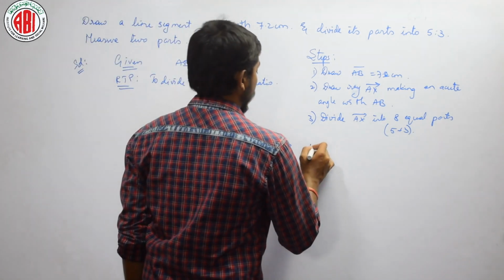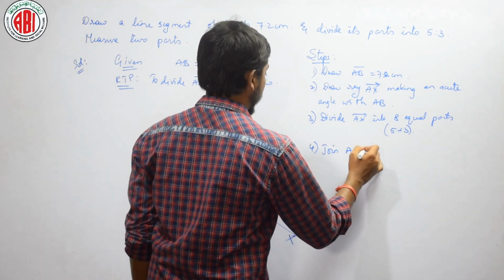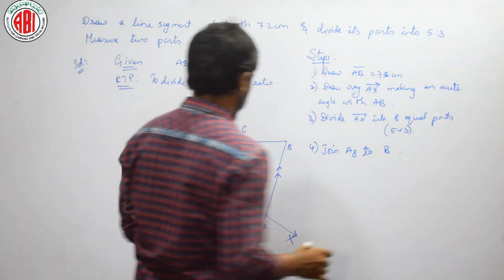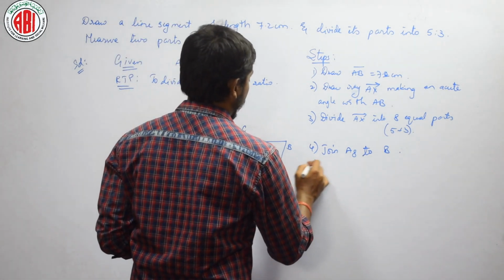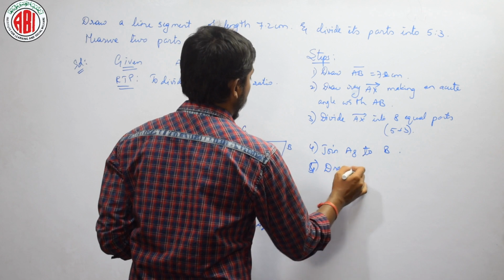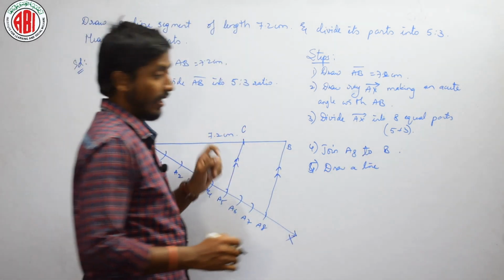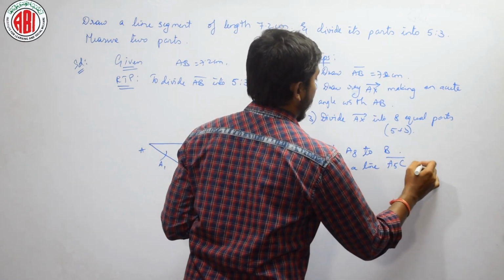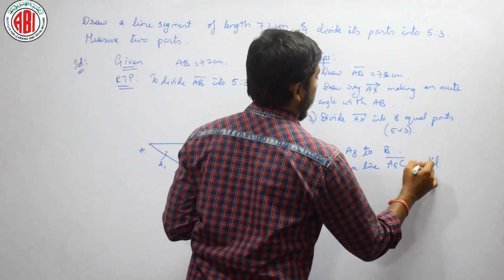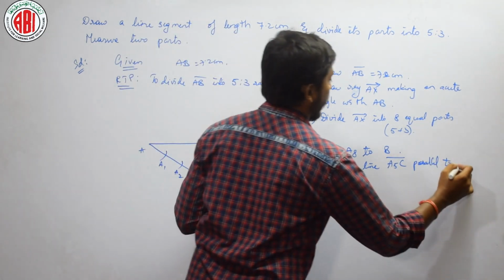Then join A8 to B. Then the fifth point is draw a line A5C parallel to A8B.